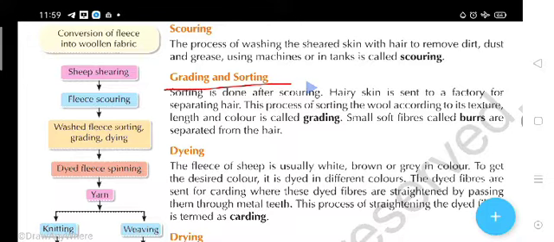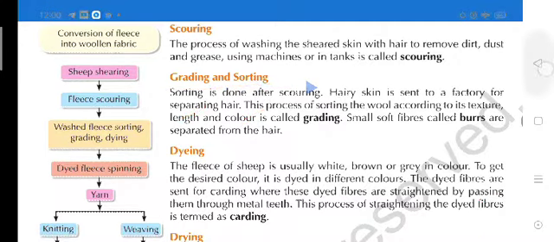So students, in grading, what do we do? We select the different categories of wool by their length and color, and the small soft fibers called burrs are separated from the hair.